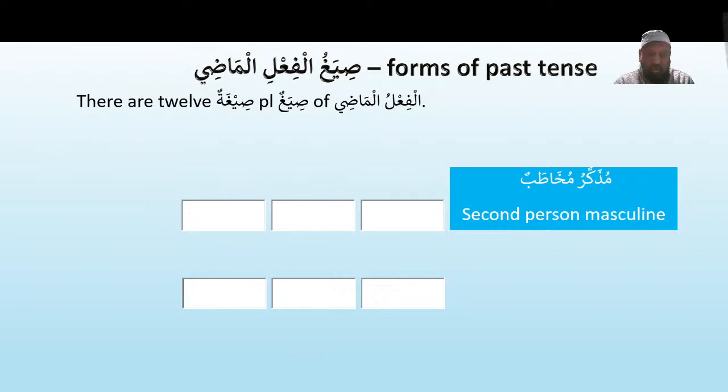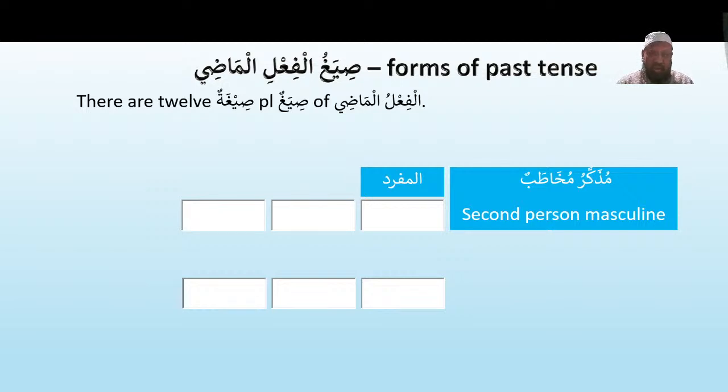مذكر مخاطب, second person masculine. Second person, you are speaking to someone, you are addressing someone. In Arabic it's called مخاطب. Again we have al-mufrad. What we need to add here is تاء الفاعل.